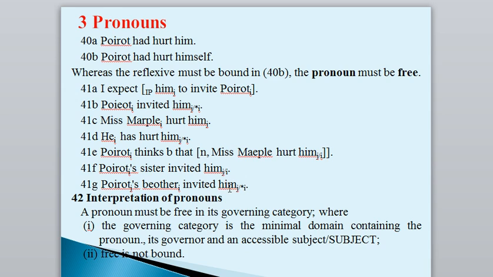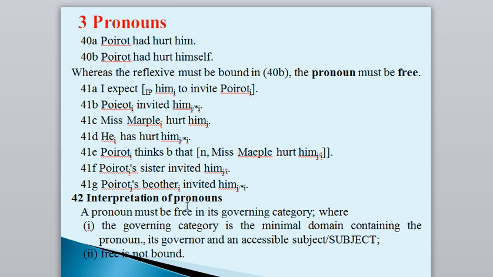But if we co-index this pronoun with Poirot, it is correct because him does not come back to Poirot in the first place of the sentence. So this is about the second principle of binding theory, which talks about the pronouns. And as I told you, the pronoun must be free. We cannot co-index the pronoun with the antecedent in the same place.